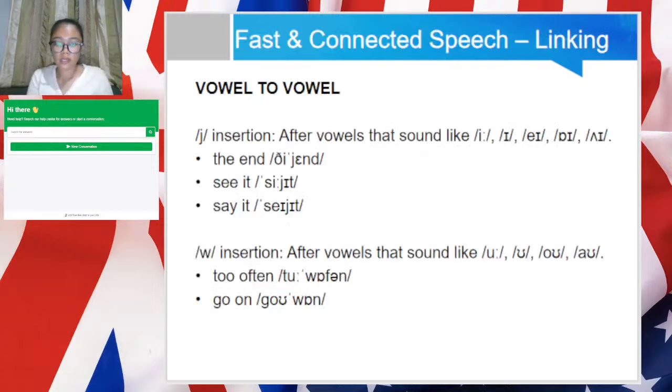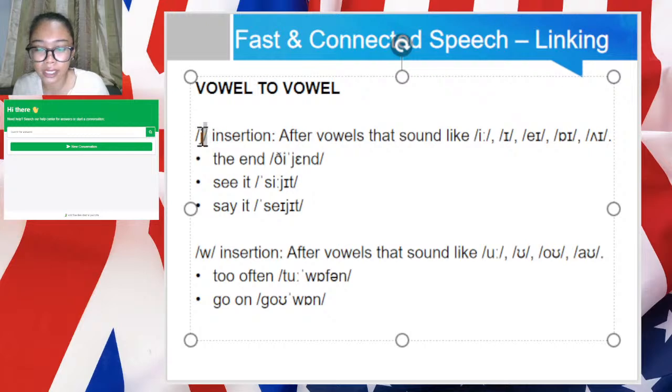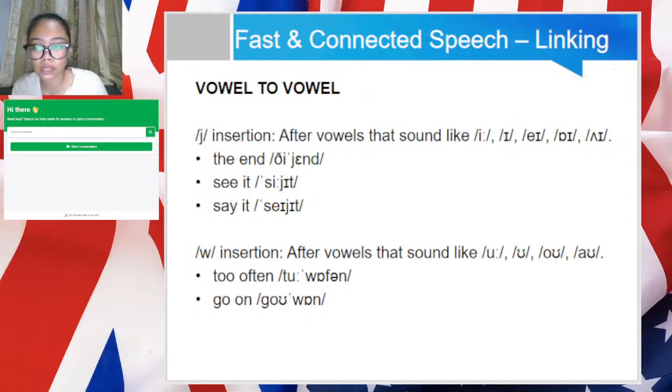Now, in fast and connected speech, we also have vowel to vowel. Earlier, we identified those sounds as consonant to vowel. We also have linking on vowel to vowel. Say, for example, how do we pronounce this one again? This is "yi," like the letter Y. We have "yi" insertion.